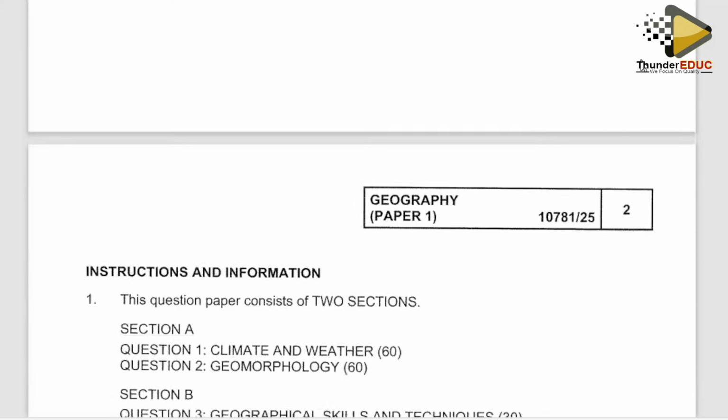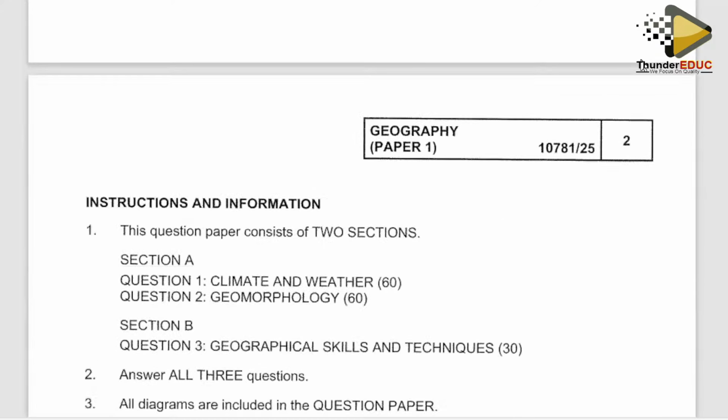Our first question is based on climate and weather, where we focus on the study of different weather phenomena, ranging from mid-latitude cyclones to urban climates. Then question number 2 is a geomorphology question, and our geomorphology focus in Grade 12 is mainly the study of rivers. So that's the other question, with 75 marks each, question number 1 and question number 2.